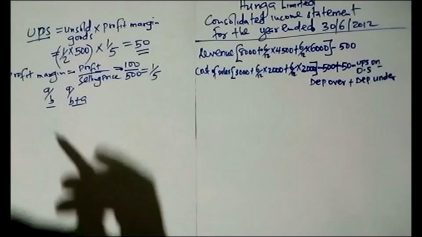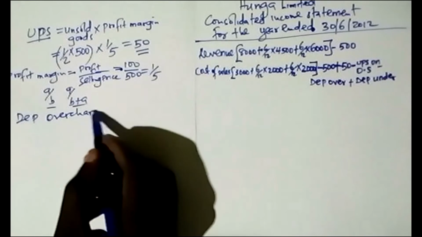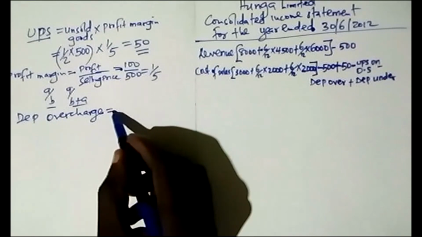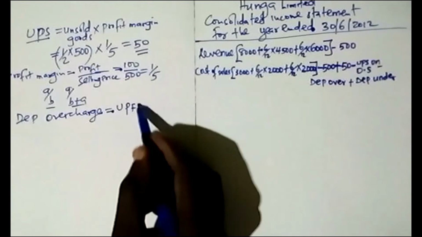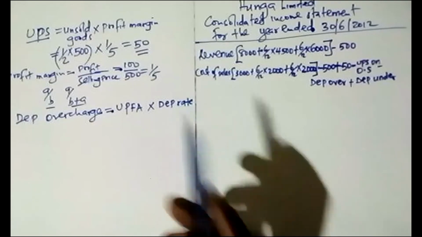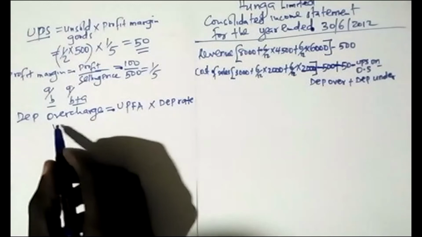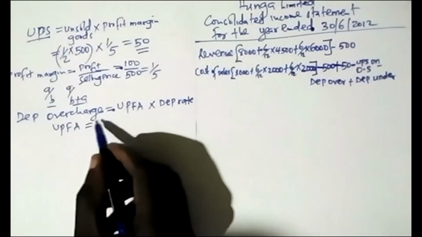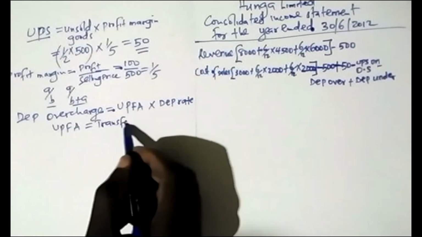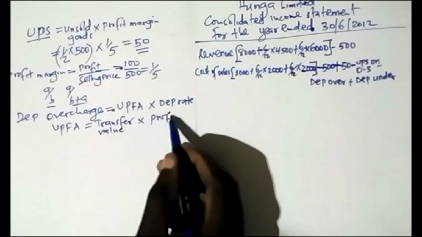But remember that you don't have to guess the depreciation overcharge. We always take unrealized profit on fixed assets times depreciation rate. And if you have a remaining useful life, you know that you have to divide, you cannot multiply. So in order to get this unrealized profit on fixed assets, you have to take the transfer value of the asset times profit margin.